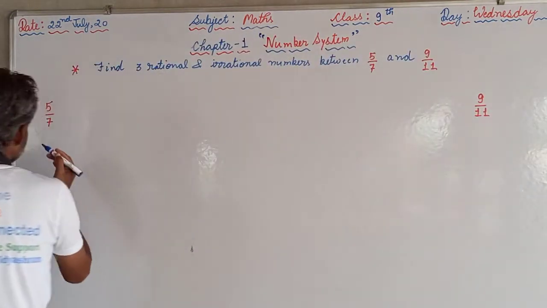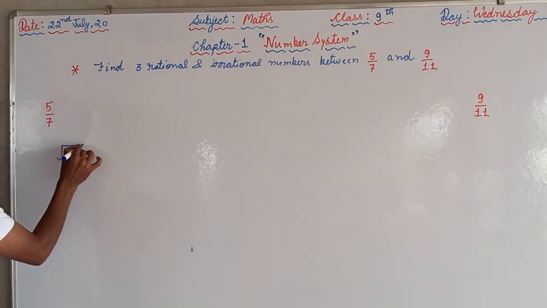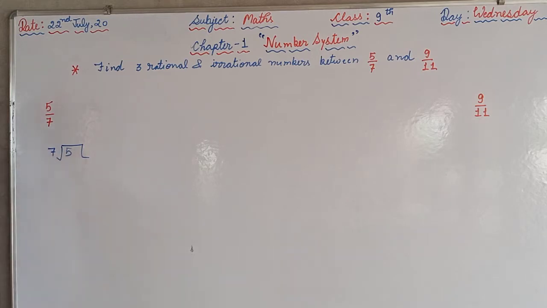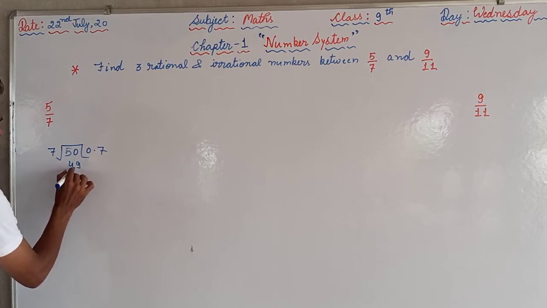So we will find the decimal expansion of 5/7. For that we are supposed to divide 5 by 7. 5 we cannot divide, so we will place 0 afterwards. We will place the decimal and we will place the 0 here. So 7 7s are 49. Now we will subtract. We will get 1.